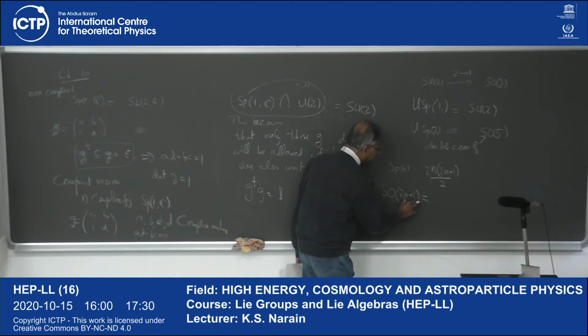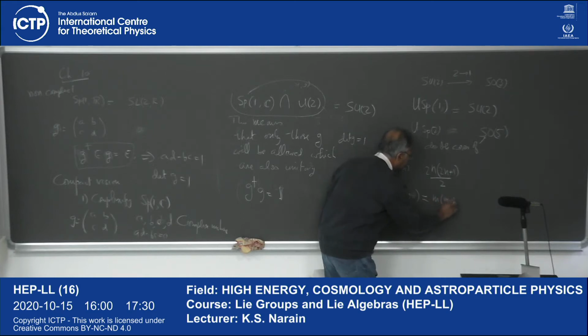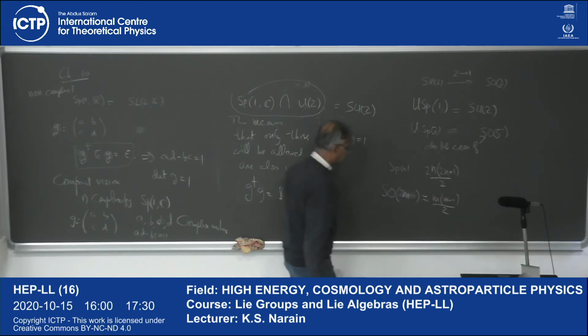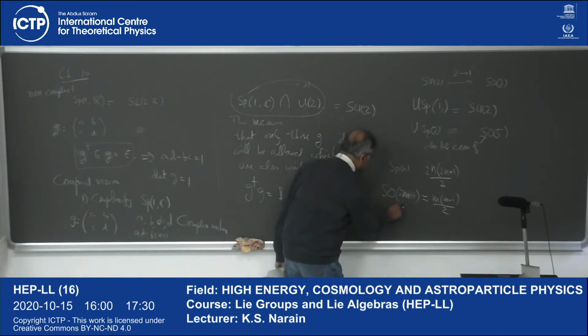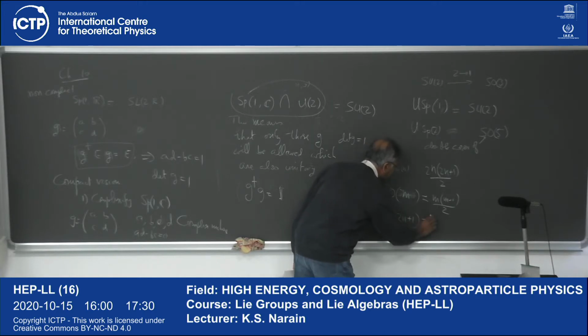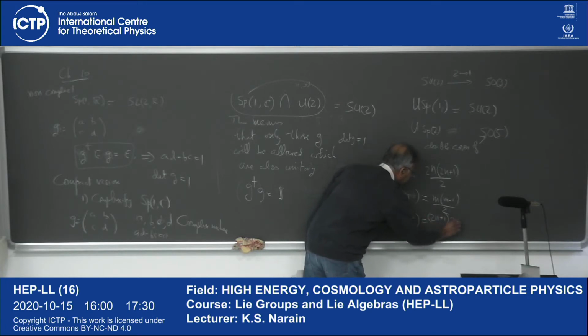In general, for SON, the dimension is n times n minus 1 over 2. This is general SON. But now specialize to the case where n is 2n plus 1. That is the same as 2n plus 1 times 2n divided by 2, which is the same as that.